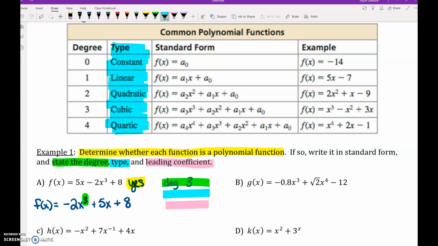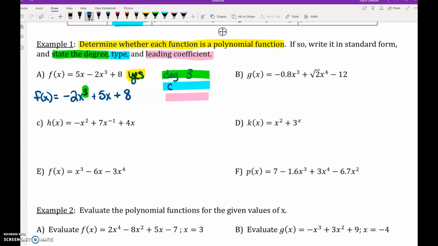So if it is a third-degree polynomial, that means it is a cubic. So for type, we would write cubic. The leading coefficient is the number in front of the term with the largest exponent. So what is our leading coefficient? -2. And you can use LC for leading coefficient. You might want to write in there that when we use LC, we're talking about leading coefficient.